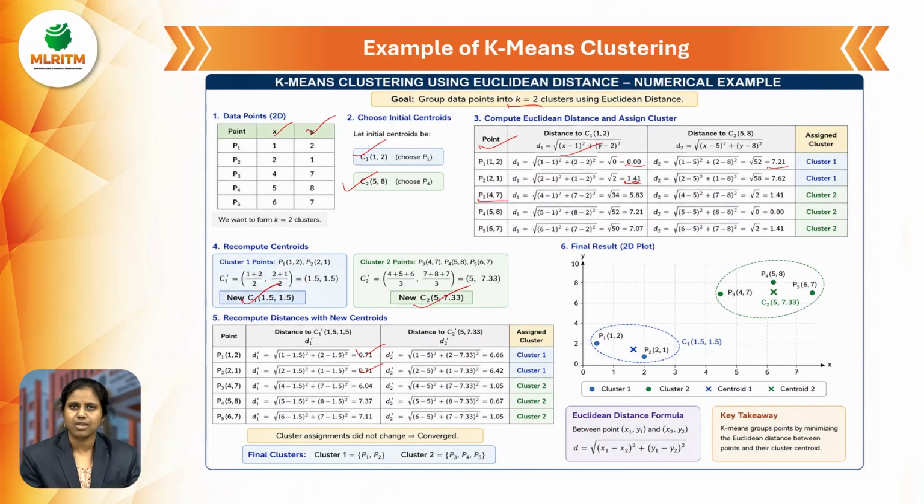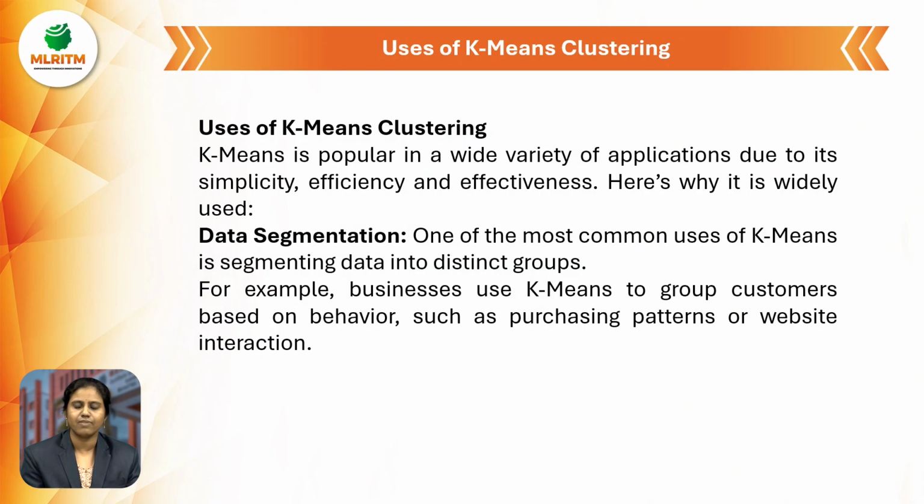Now we have seen how k-means clustering works. K-means clustering can be given in real-time examples like data segmentation, such as on the Amazon site, if you want to find behavior or similar items chosen by particular people. Data segmentation is one of the most common uses, for example a business grouping customers based on behavior patterns, like what different kinds of items they are buying.